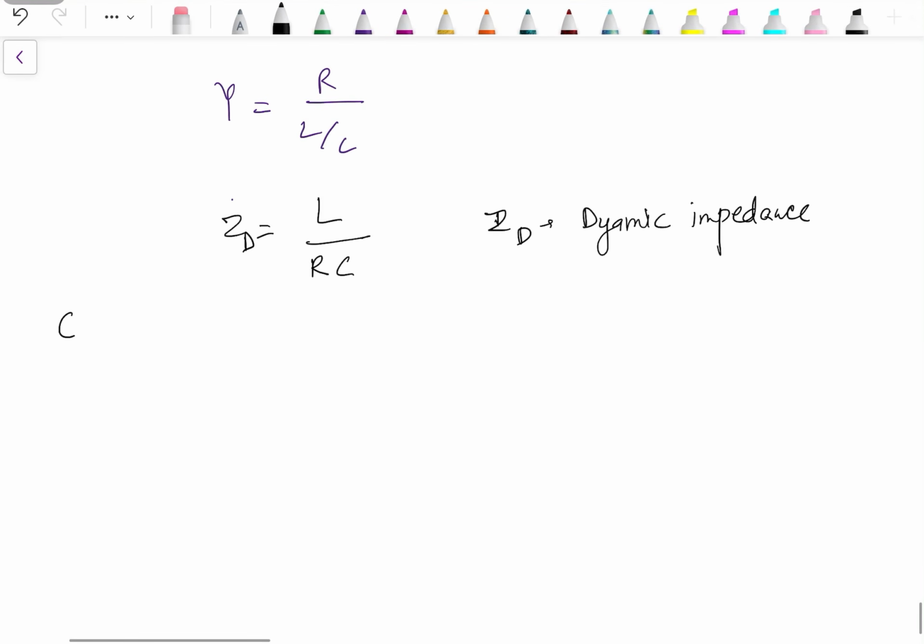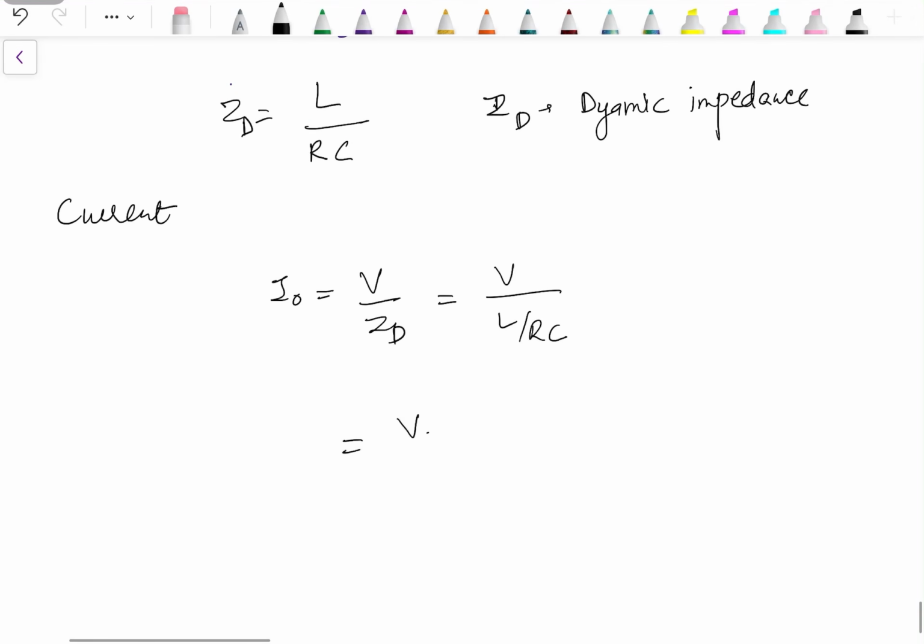Now if we have to find the current at resonance, I naught, it will be equal to V upon this dynamic impedance, V upon L by RC, or V RC by L. So current at resonance is actually minimum in case of a parallel circuit.